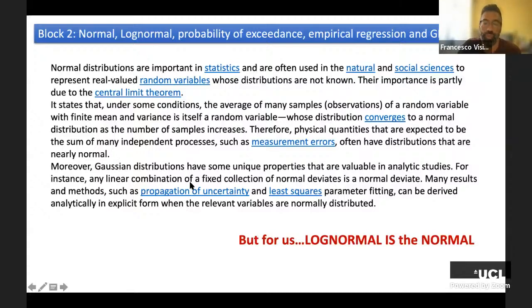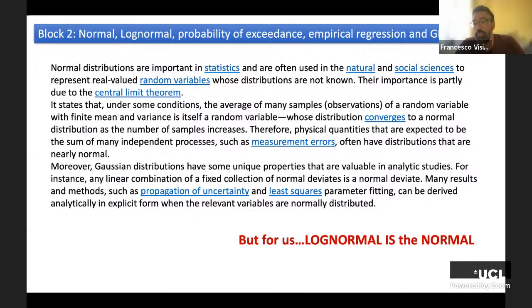Moreover, Gaussian or normal distributions have some useful properties that are valuable in analytic studies. Main results and methods, for example, propagation of uncertainties and least square parameter fitting, can be derived analytically in explicit form when the relevant variables are normally distributed.